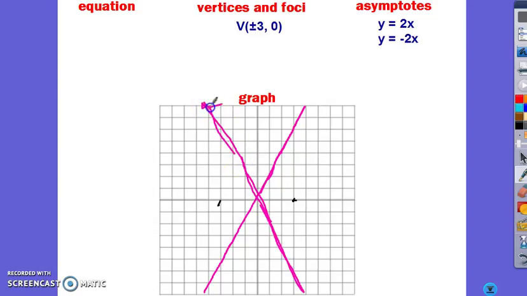Did you notice where that got us box-wise? Because I know that this needs to go out 3. So if I'm going to hit it correctly, wouldn't it have to be up at 6? Up 2 over 1, up 2 over 1. I'm going to wind up being up at 6 by the time I hit the asymptote at the corner.